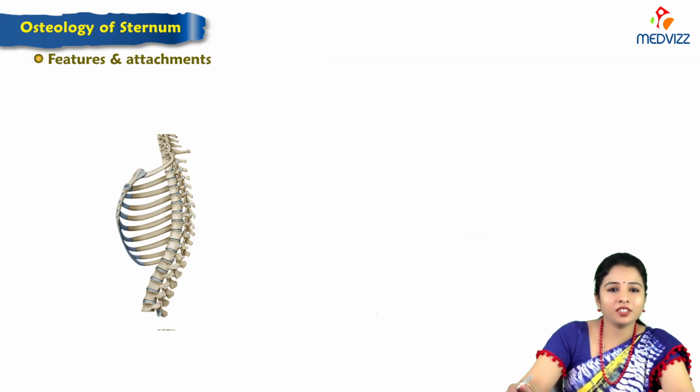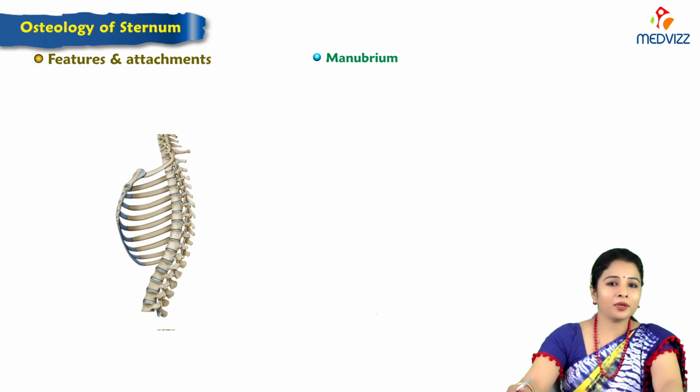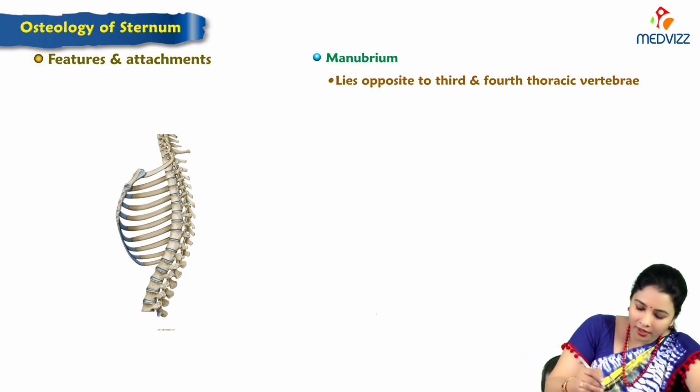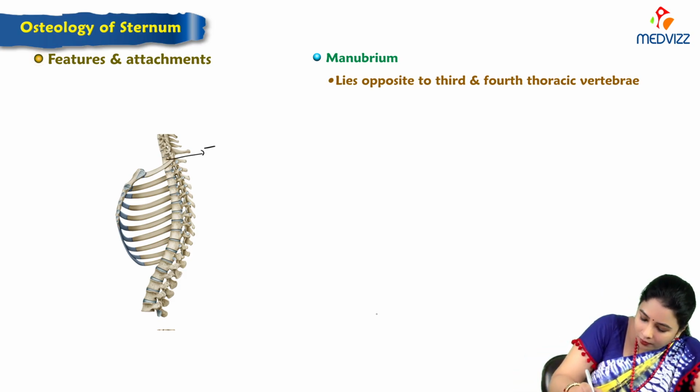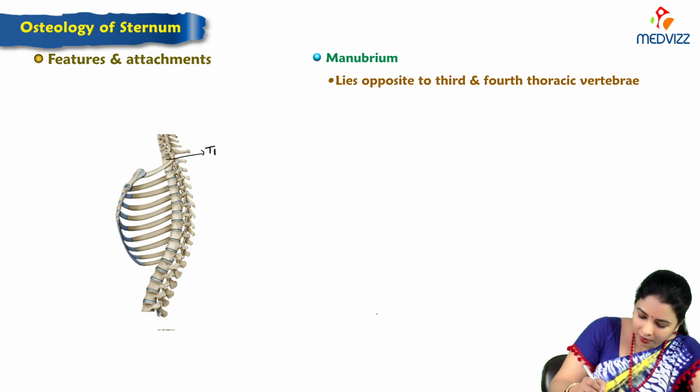Let's see the features and attachments of the sternum. First, the manubrium lies opposite to the third and fourth thoracic vertebrae. Here we can see this is T1, where the first rib articulates with the first thoracic vertebra. Then here is T2, T3.